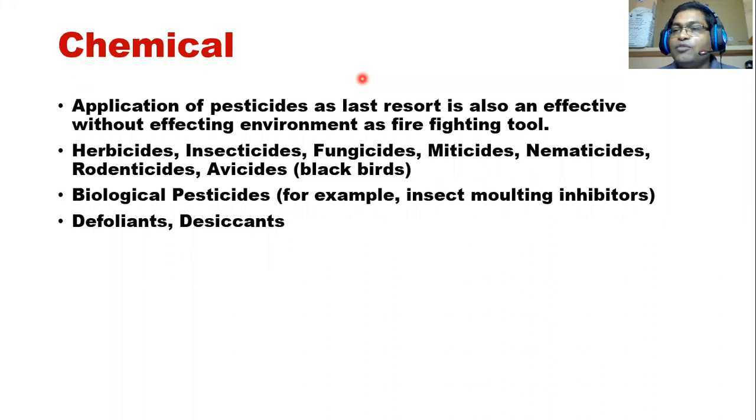Our target in integrated pest management is not to eradicate an insect or pest, but just to minimize the pest population below the economic threshold level. That population reduction is called management. For that you use all the techniques. That's what we call integrated pest management.